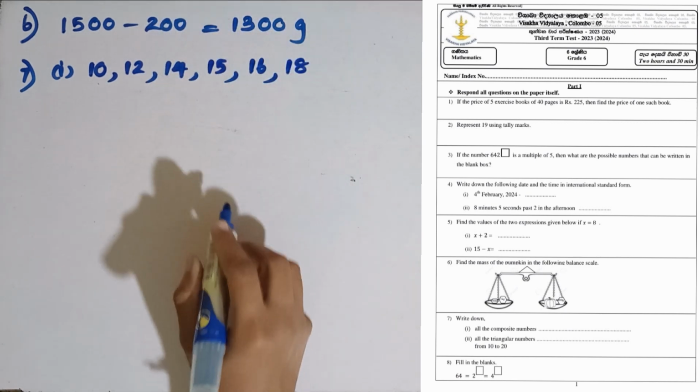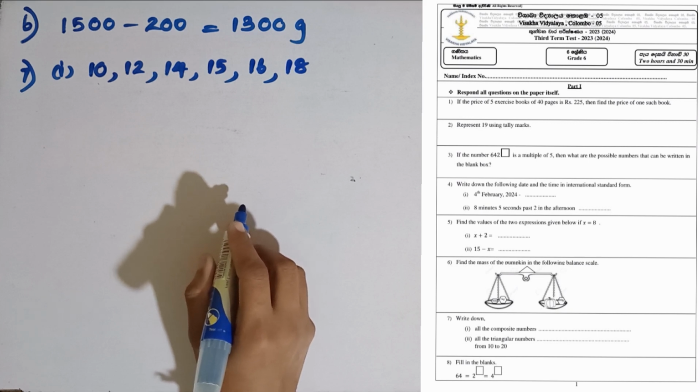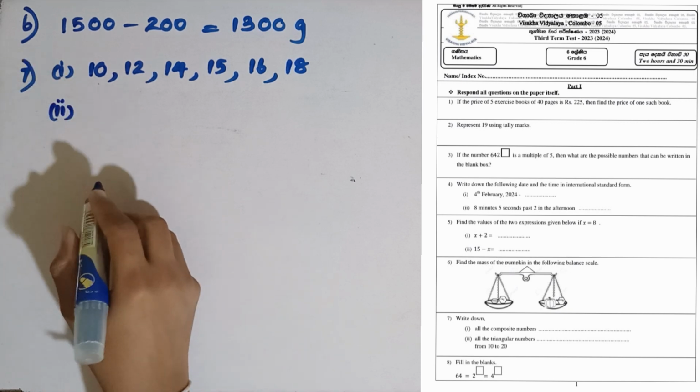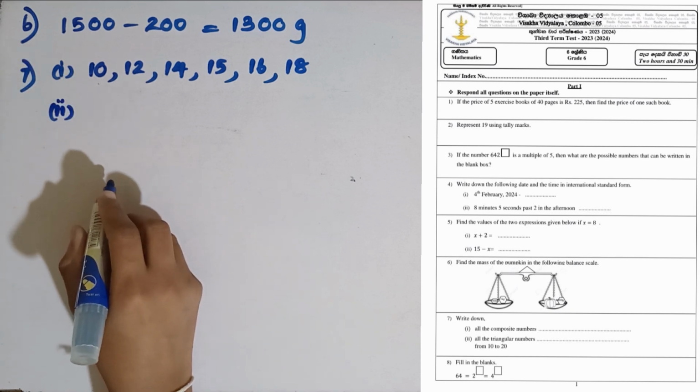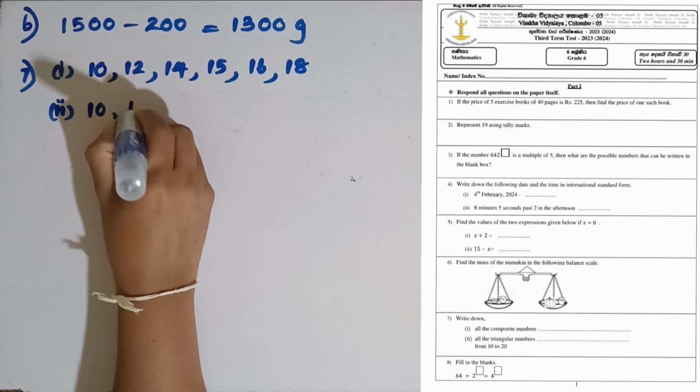We can't take 20 as they have given up to 20. Then part 2, all the triangular numbers. What are the triangular numbers from 10 to 20? First one is 10. Next one 15.